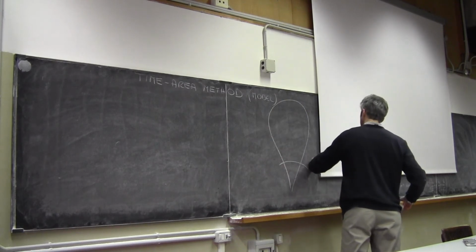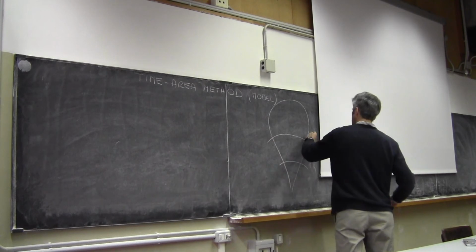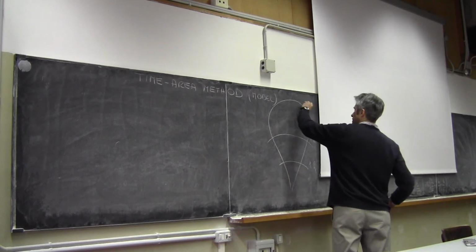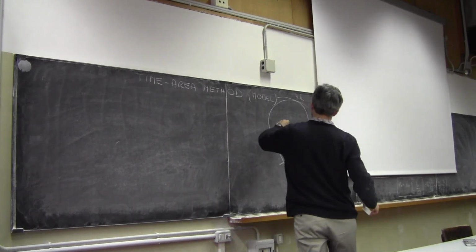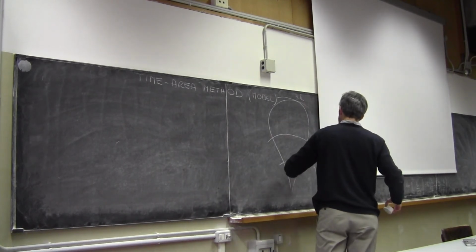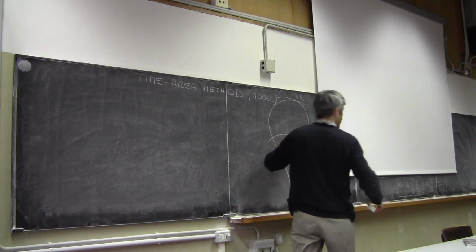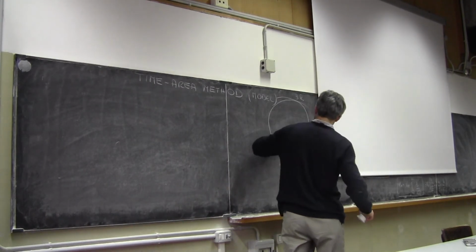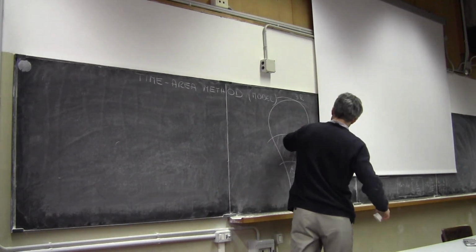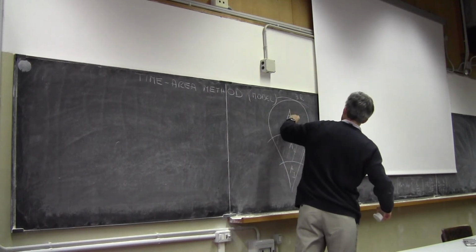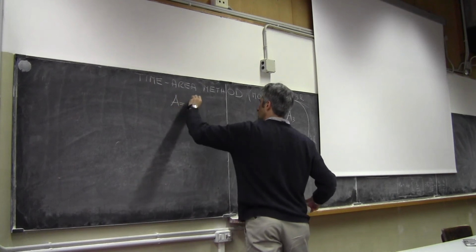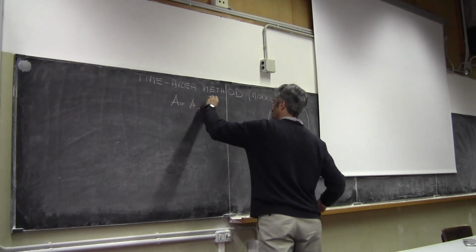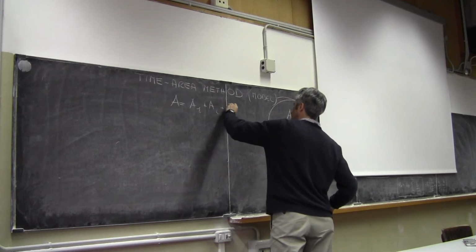So we have here the isolines of 1 hour, 2 hours, and let's say 3 hours. Let's indicate with A1 the first area, A2 is an inter-area, so A2 is just this one, and A3 the third area. So we can write that the total area is equal to A1 plus A2 plus A3.